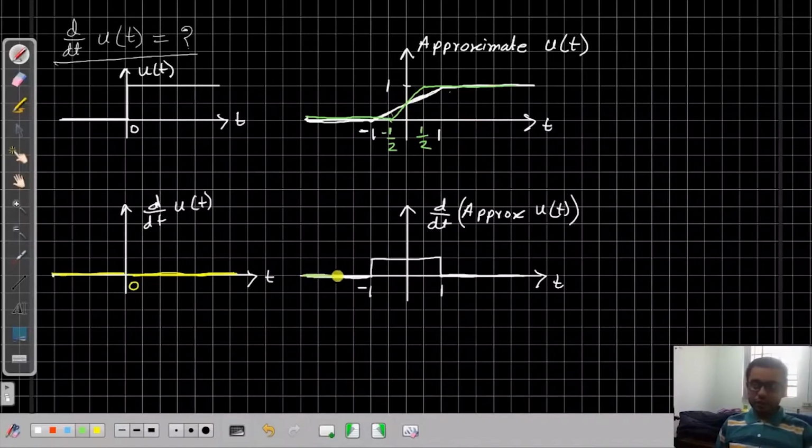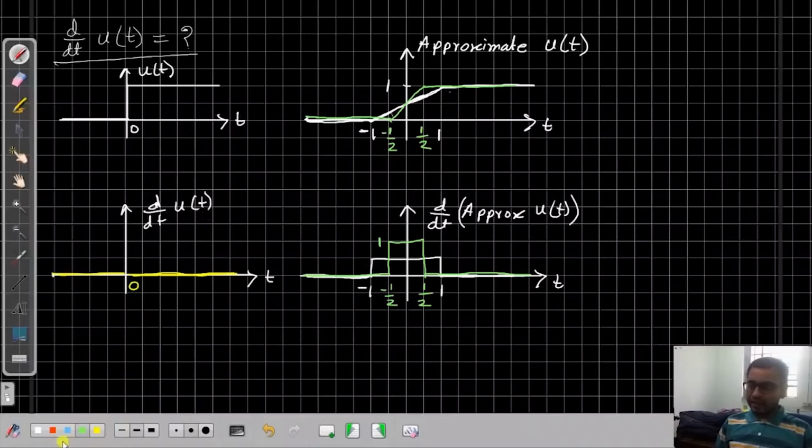It will be 0 from -infinity to -half. After +half, it will be again 0. But within this region, -half to +half, it increases linearly, and the slope is 1 unit. So that will look like this. This is 1 unit.